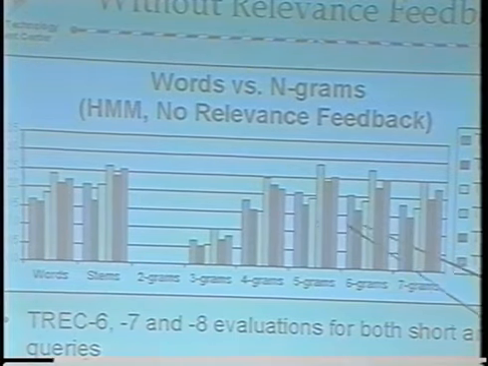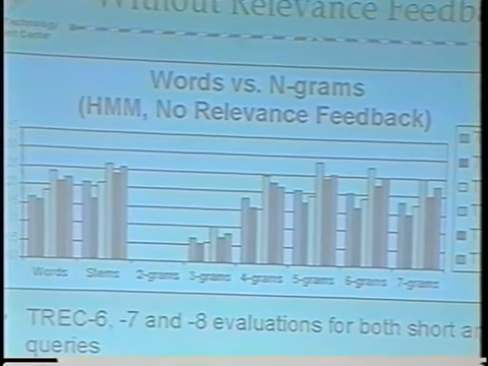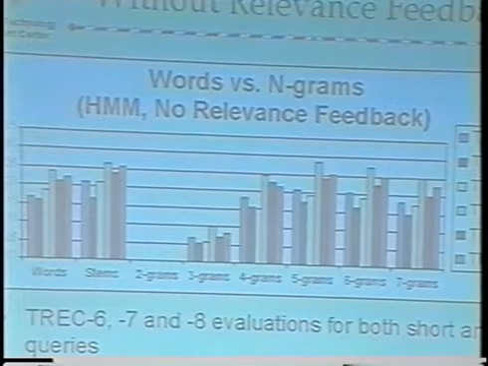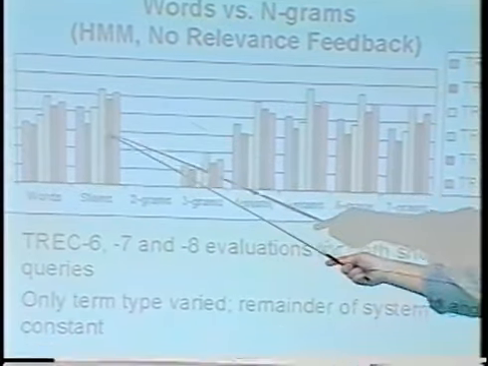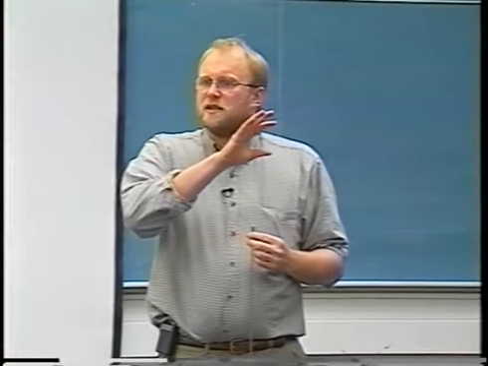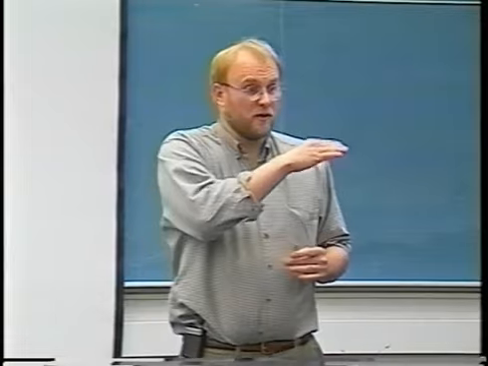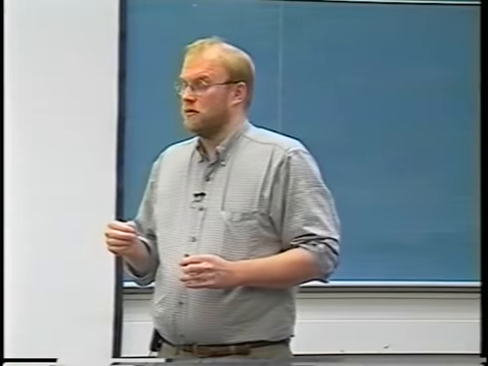Our earlier tests show them having a slight edge over 5-grams. Our more recent tests show 5-grams having a slight boost. But the point of this is that n-grams are very much on par with words as indexing terms. And so under circumstances where n-grams are going to be particularly good, they're a very reasonable way to go.